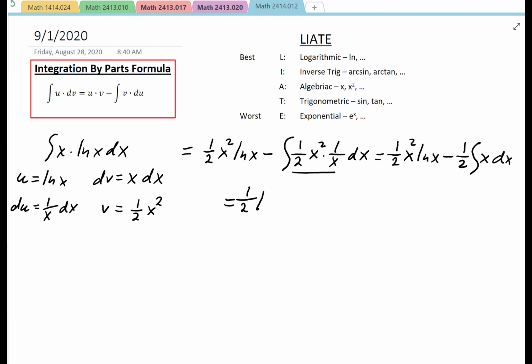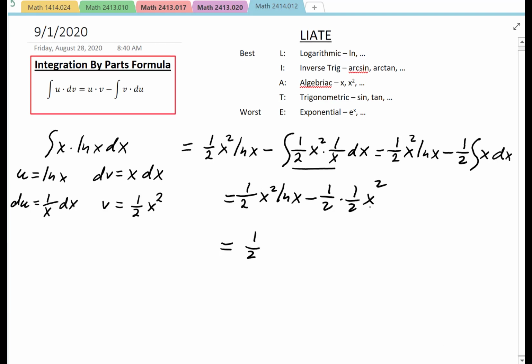Oops. So we get, let's fix this, 1/2 x squared ln x minus 1/2 times 1/2 x squared, which becomes 1/4 x squared.